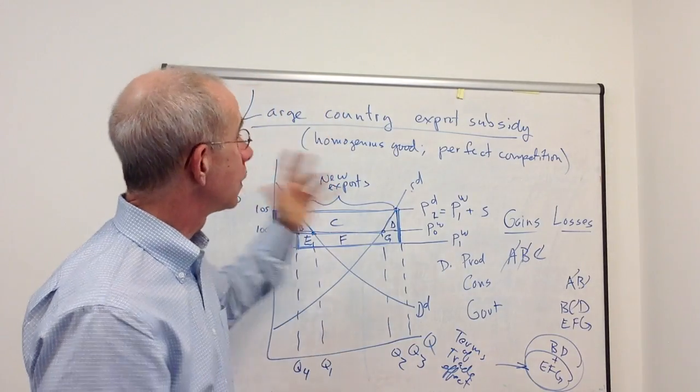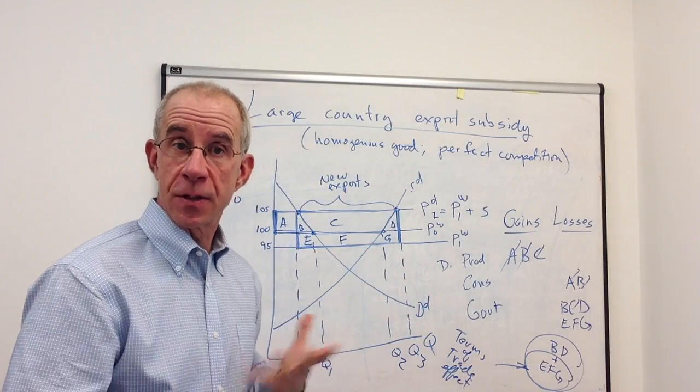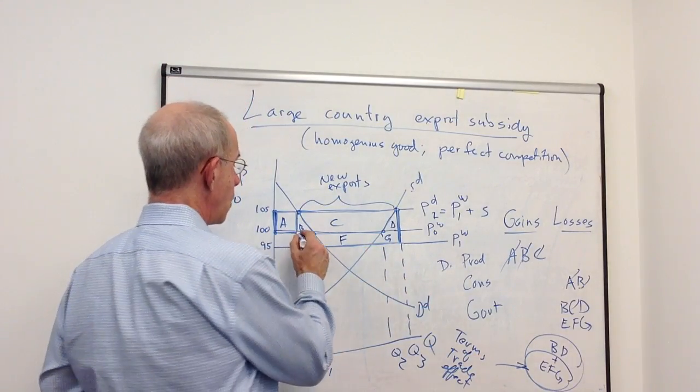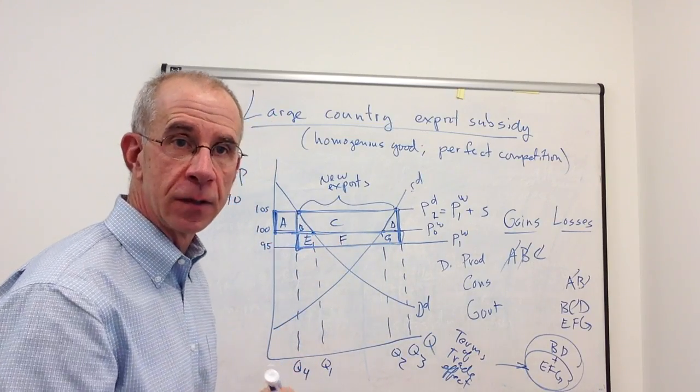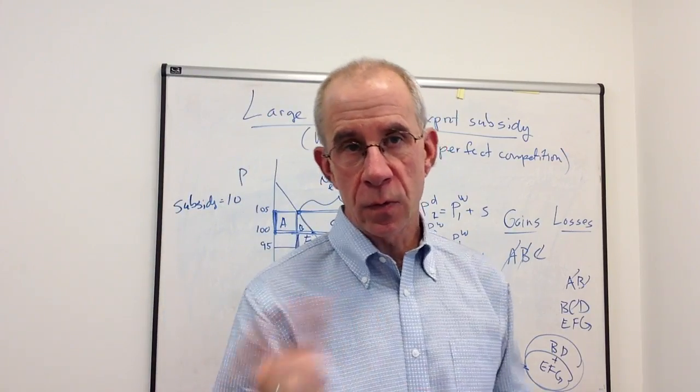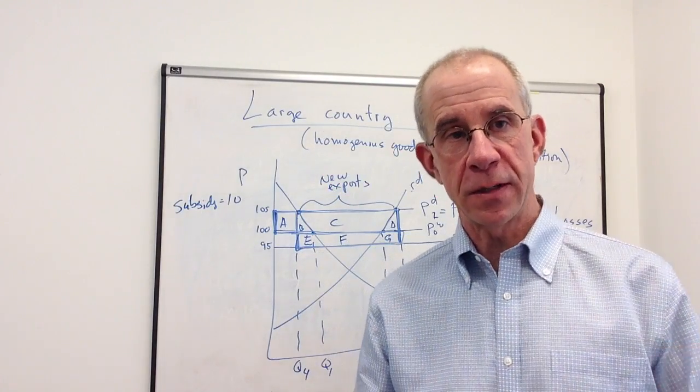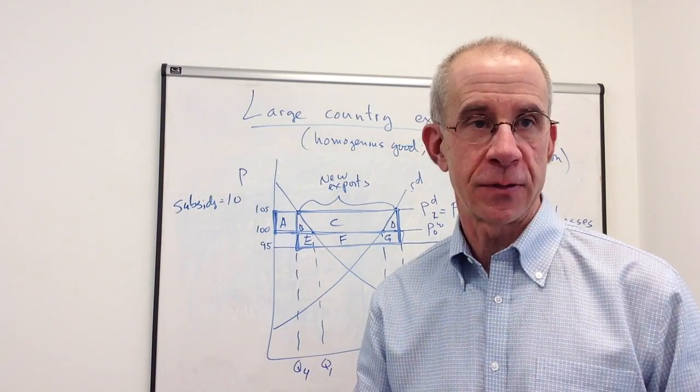So, large country export subsidy is really very similar to the small country. What's different is that terms of trade effect, EFG. And we're going to take a look at this video again when we talk about countervailing duties. Okay?